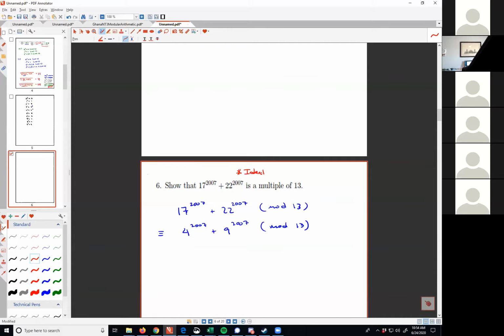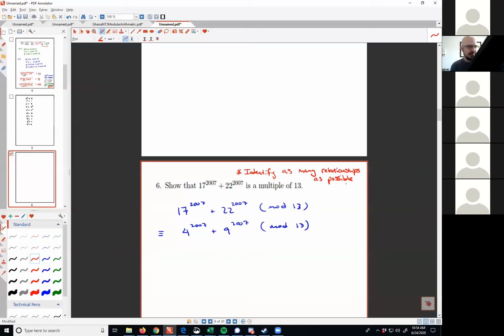They sum to 13. Does that give anybody any ideas?